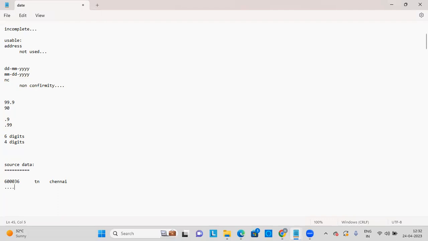Likewise, we got n number of rows. For the same zip code, another entry, 60036, and data is from Tamil Nadu, but city is, let's say, Madurai. In this case, data is inconsistent. The same zip code is pointing to multiple cities. That should never happen.